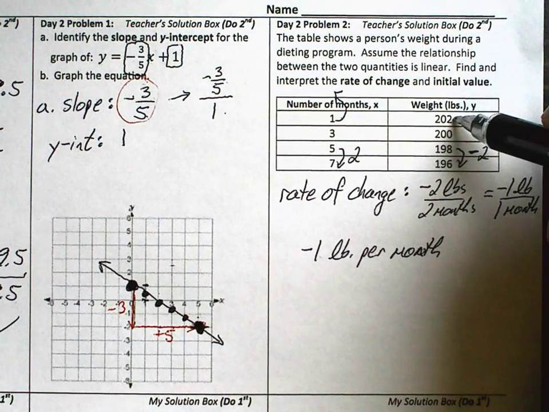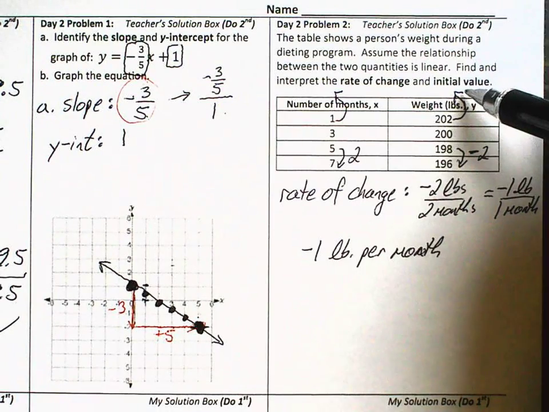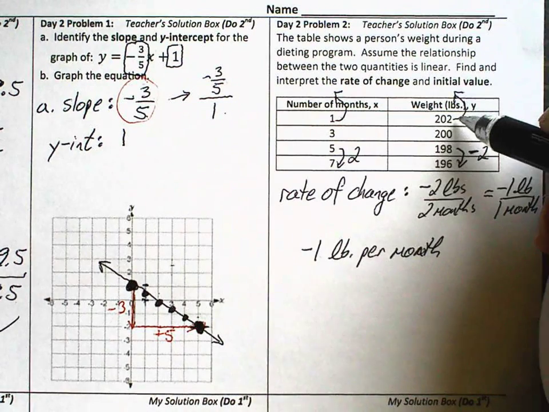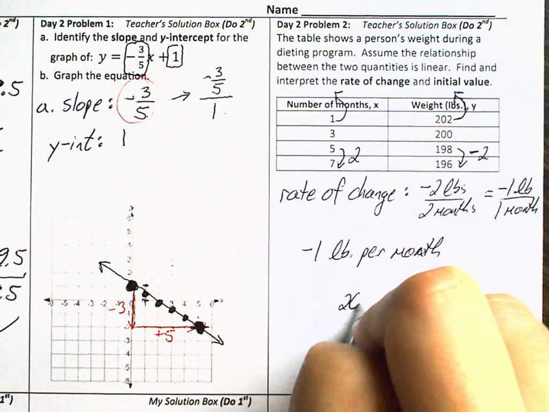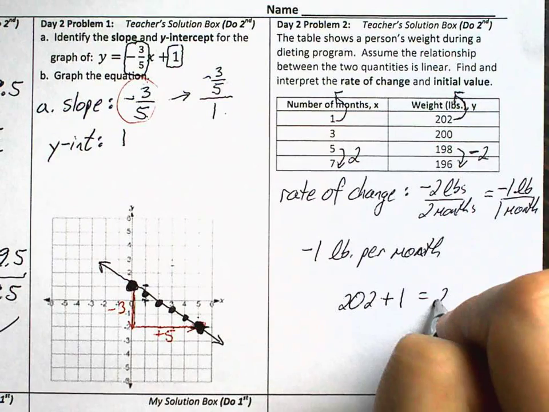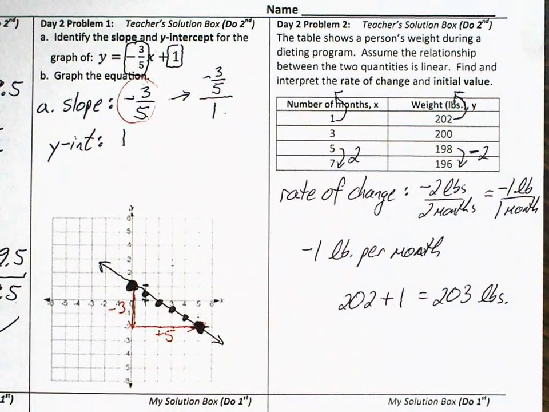So let's start with 202 pounds and go back 1 month and figure out what was the person's weight a month ago. If a person's losing a pound per month, what was the weight 1 month ago? So 202, add back that 1 pound, that's 203 pounds. And that's the initial value.